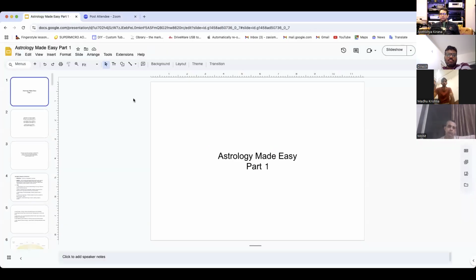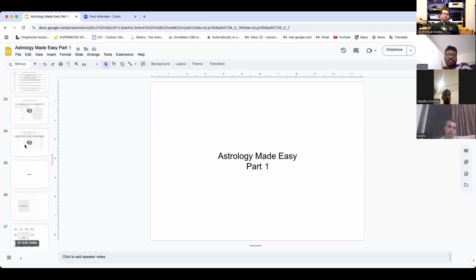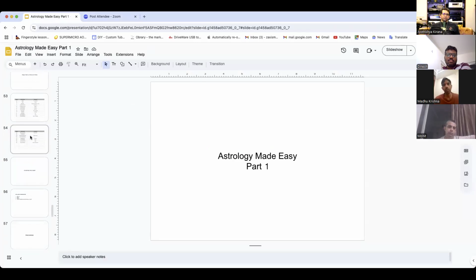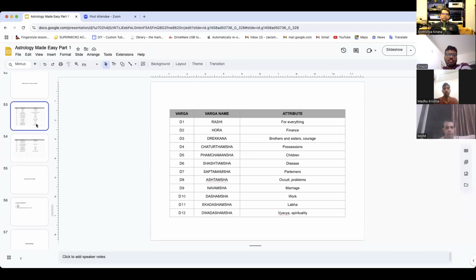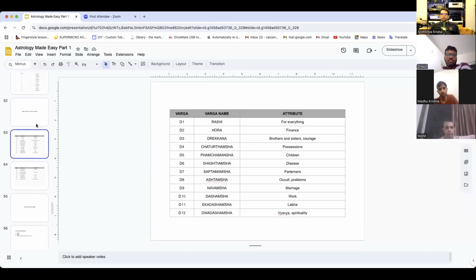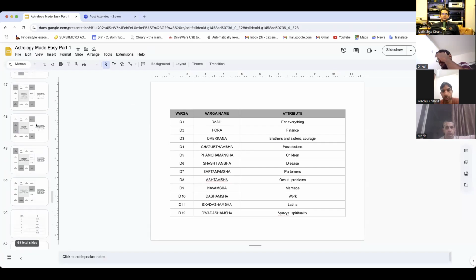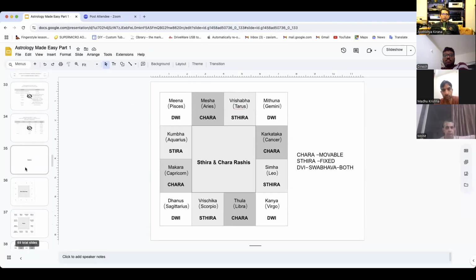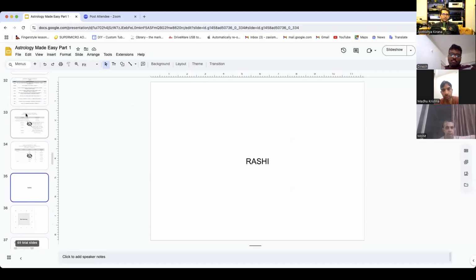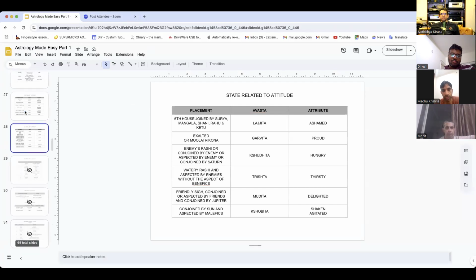Okay, we'll just go through the slide once and then we'll see if we can understand from there. I forgot where I have put the avastha in this. Oh, it's here itself, I think. Yes, state.